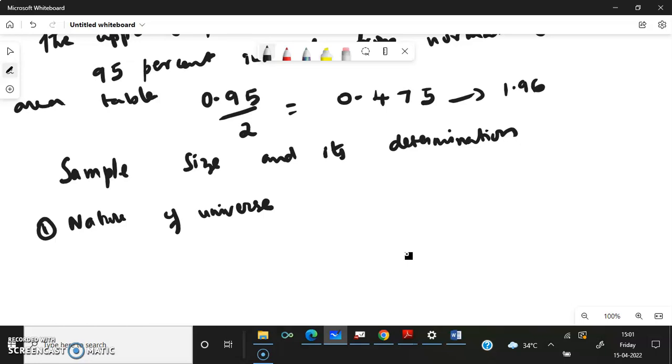In order to find the ideal sample size, the first thing you should consider is the nature of the universe. The universe may be homogeneous or heterogeneous.